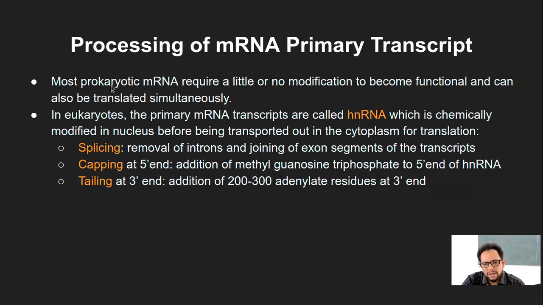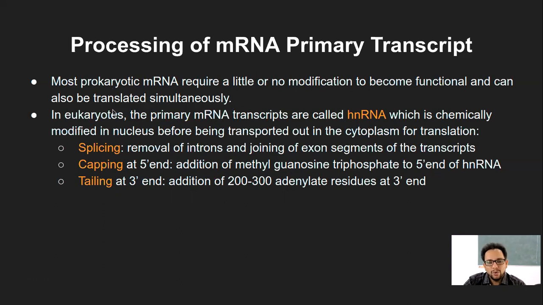Most prokaryotic mRNA usually do not need any modification most of the time, or even if they need it, it is very little modification in terms of structural arrangement and so on, but they are relatively very simple, like we had seen yesterday itself. So prokaryotic mRNA requires little or no modification.